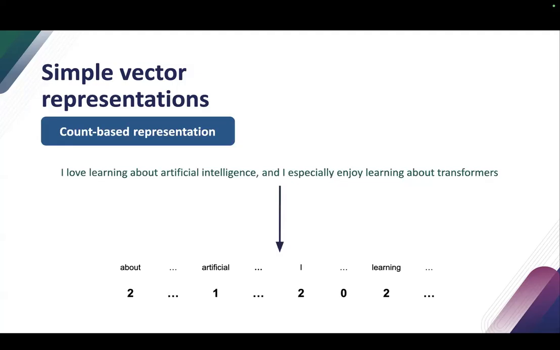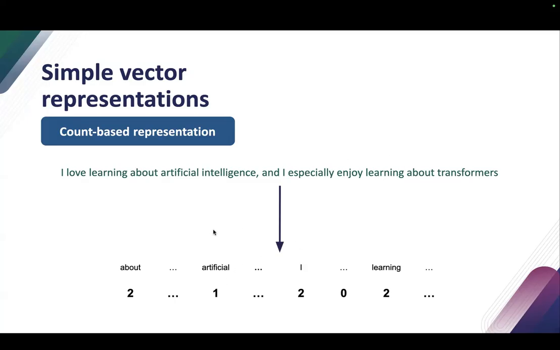Count-based representation. There are many count-based representations of text. One simplistic way is to say, okay, I'm going to try to squeeze a whole sentence into one vector. Let's say I have this sentence: I love learning about artificial intelligence, and I especially enjoy learning about transformers. So you could put a 2 for the word about because it comes twice in the sentence.